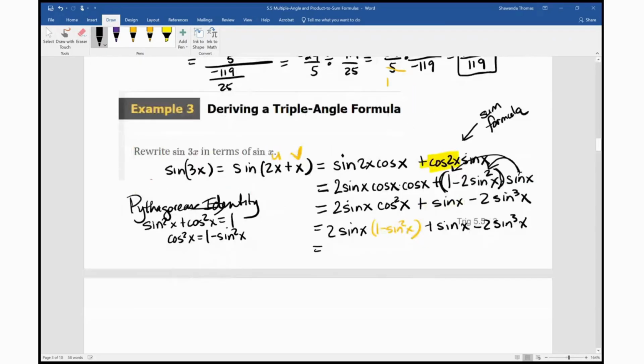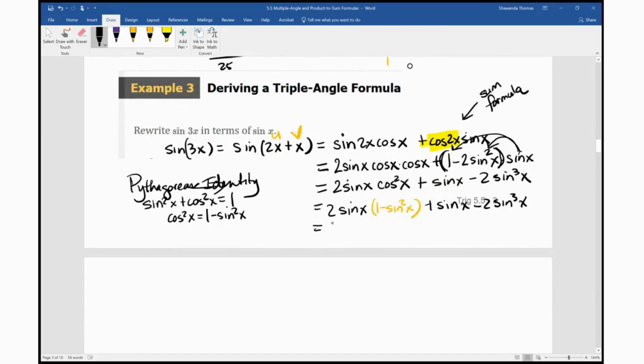All right, so if we multiply all this together, we get 2 sine x minus 2 sine cubed x plus sine x minus 2 sine cubed x.